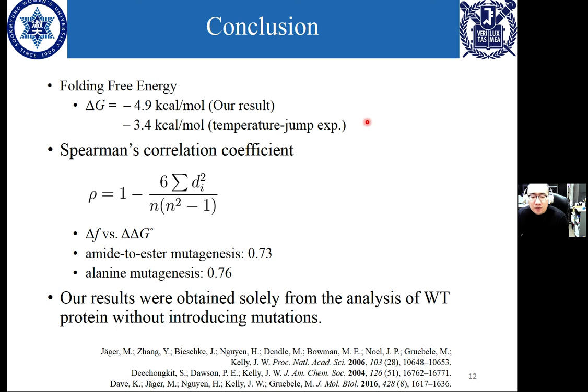To do so, we use a statistical measure called Spearman's correlation coefficient. This coefficient measures the strength and direction of association between two ranked quantities. The backbone was found to be 0.73 and the side chain 0.76. This result indicates that our study and experimental findings are strongly correlated.